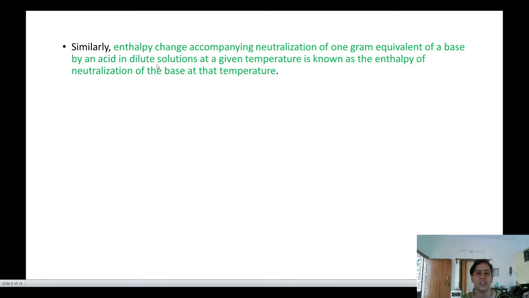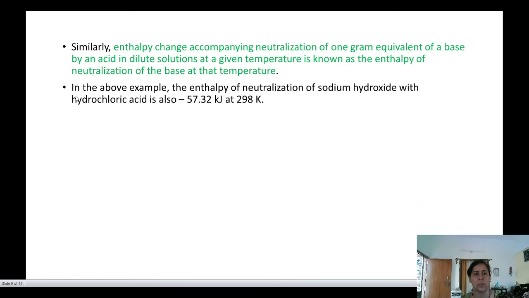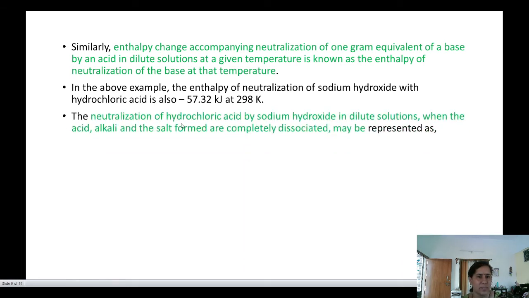This definition is in the concern of a base. Now, in the above example, the enthalpy of neutralization of sodium hydroxide with hydrochloric acid is also minus 57.32 kilojoule per mole at 298 Kelvin.